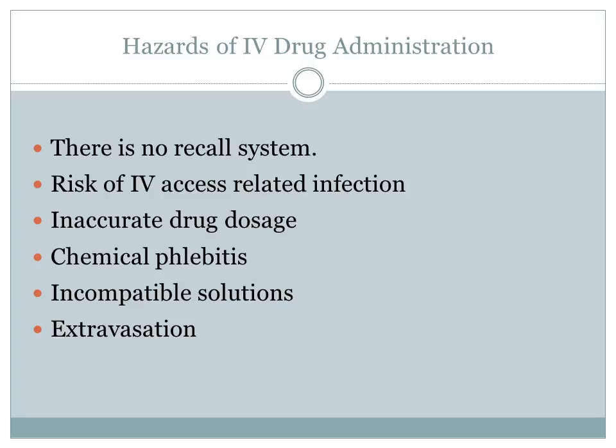Inaccurate drug dosage can occur because of the absorption of the drug in the fluid container or the administration set tubing. So you may think you're giving a certain dose and it's now altered because it has been partially absorbed by the materials that you're using to transfuse it.